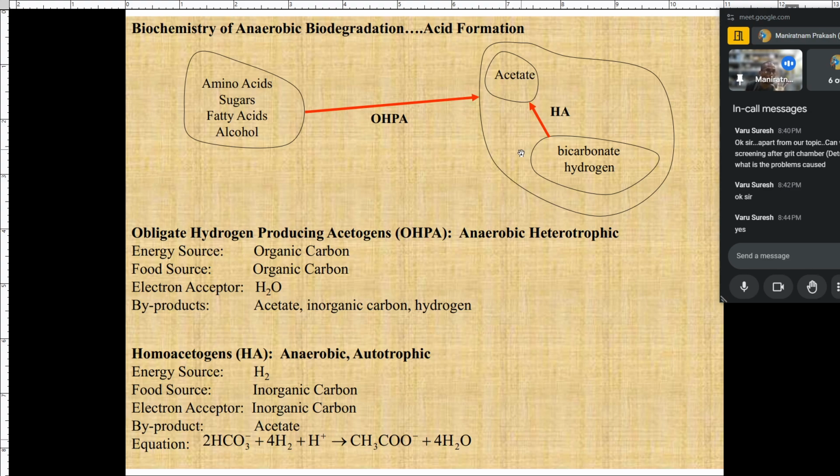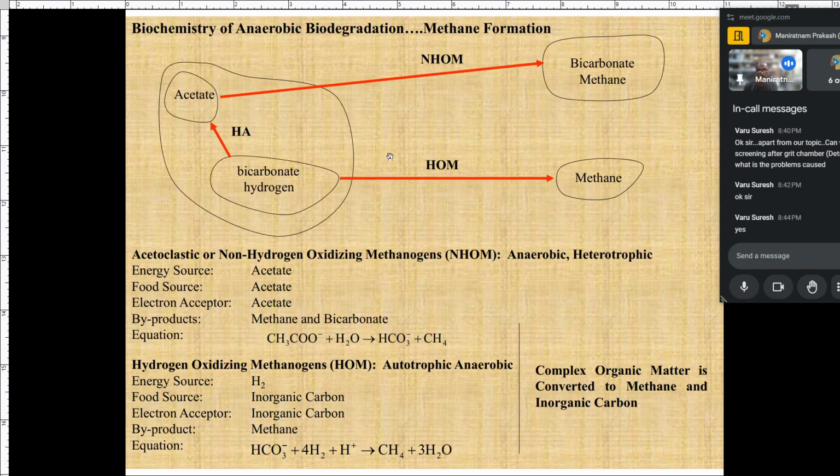Bicarbonates are always present in your water, because with time CO2 is getting dissolved, and CO2 is getting converted into bicarbonate, and the pH range of our wastewater is between 7.5 and 8, and in this range this bicarbonate is also converted into acetate. So this process is known as acetate formation.